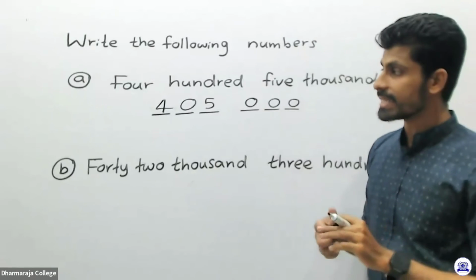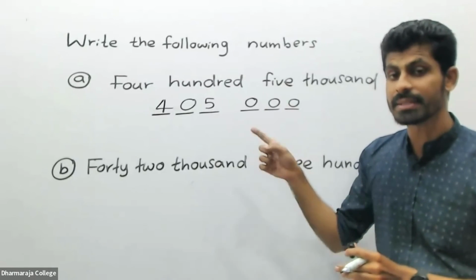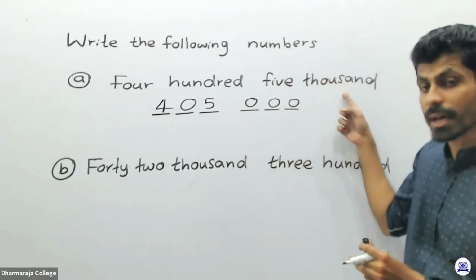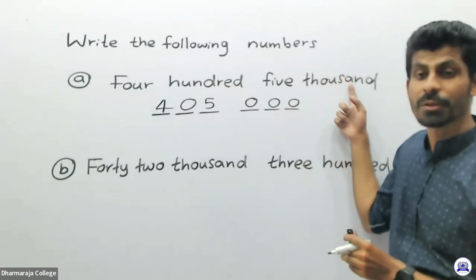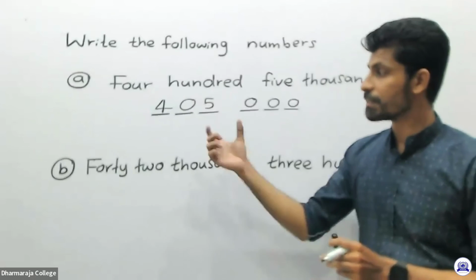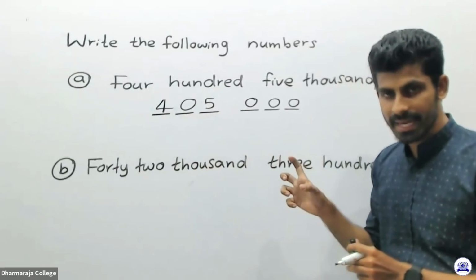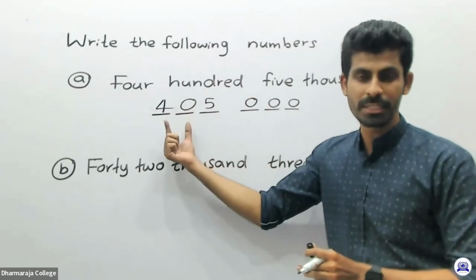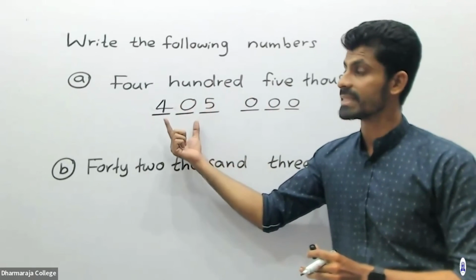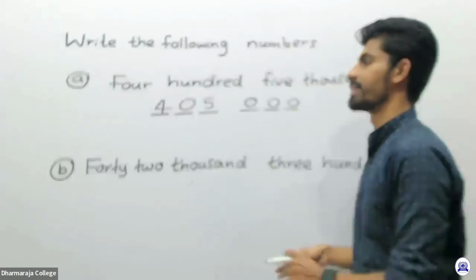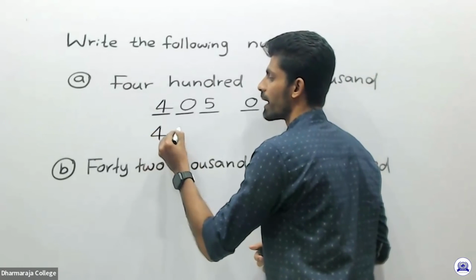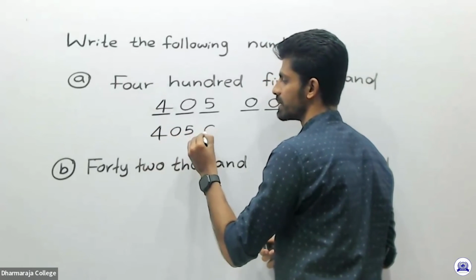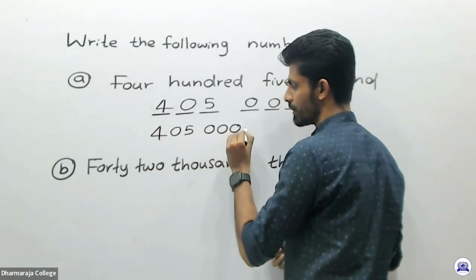Then very easy. Then you need to identify the period. Sorry, 1,000 period. 1,000 period means 6 numbers are there. Then you can write 405,000.